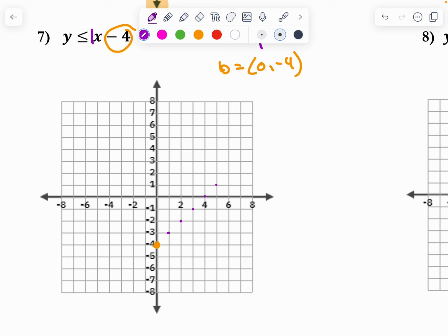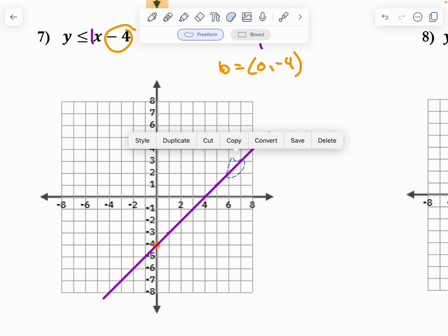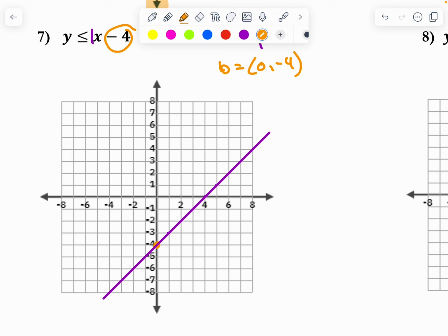And then we have a less than or equal to sign. So we're going to use our solid line through my points. And then less than means we are going down. Down arrow. So we're going to go ahead and shade down.